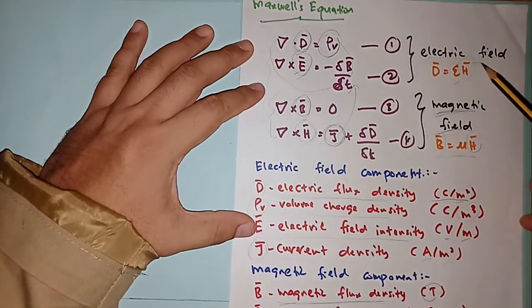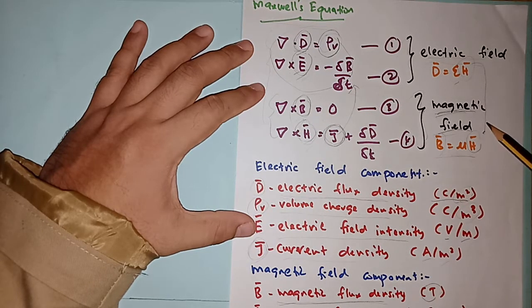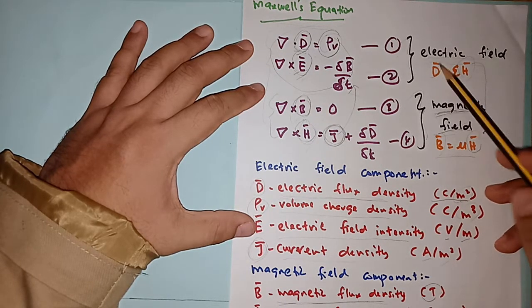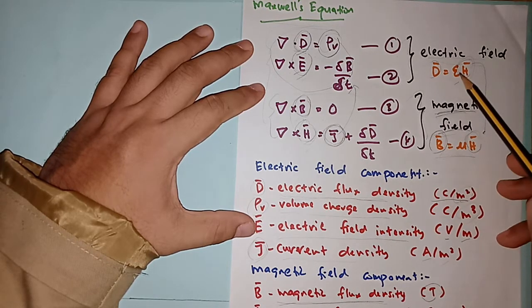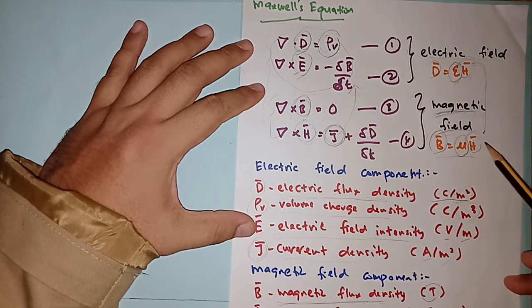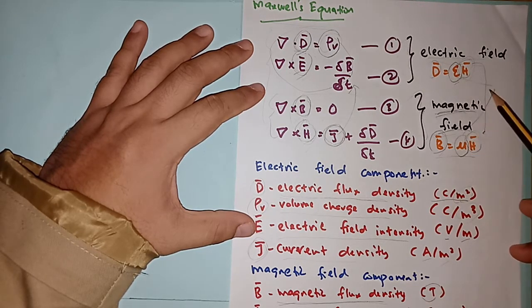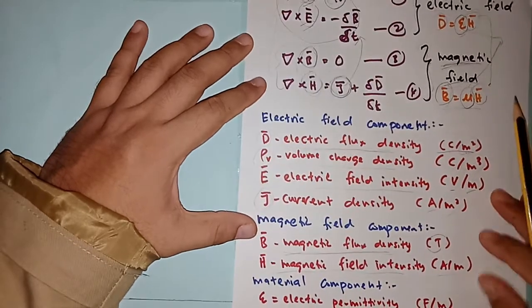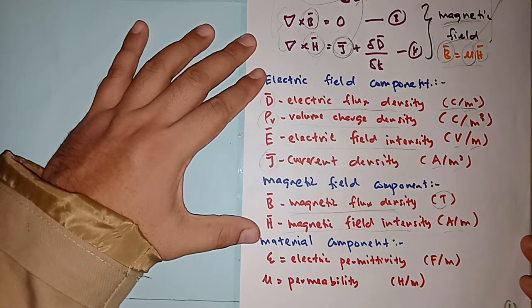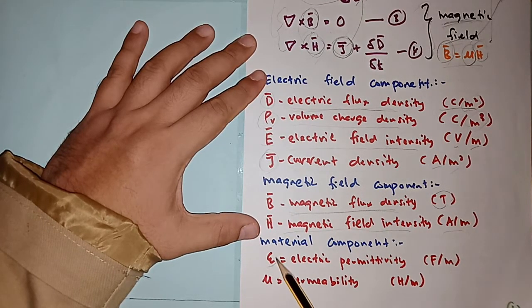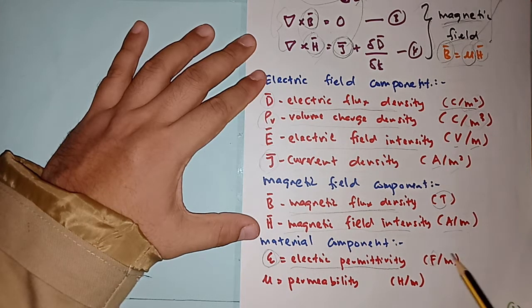Looking at the expressions that relate D and H, as well as B and H, we have two other constants, epsilon and mu. These parameters are dedicated to the material. Epsilon represents electric permittivity, and the unit for this constant is farad per meter.